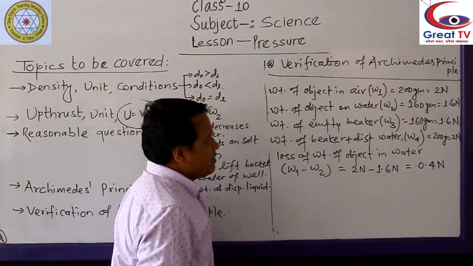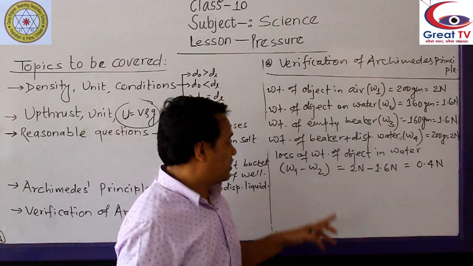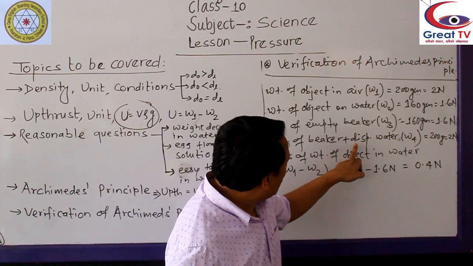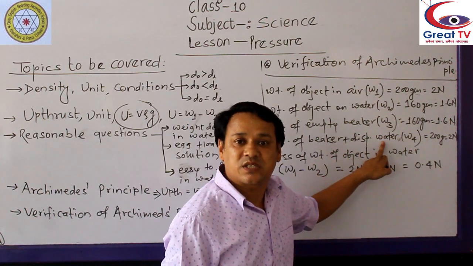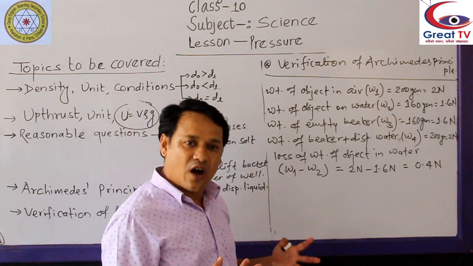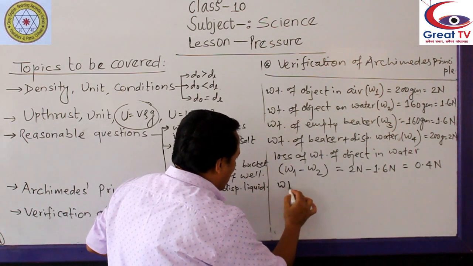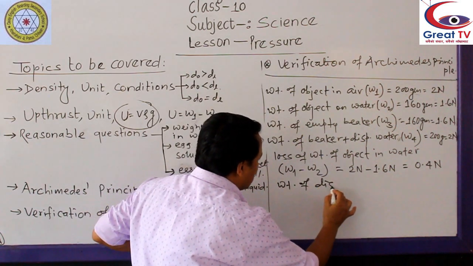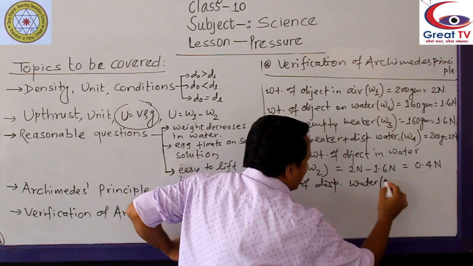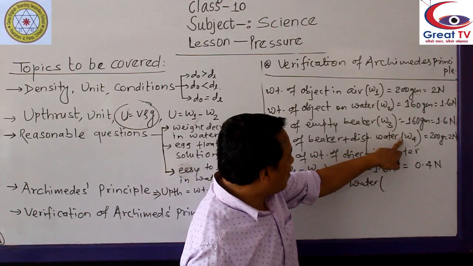Similarly, only displaced water. This is the weight of the empty beaker, and this is the weight of beaker and water. How much water is displaced by that object? The weight of displaced water you can calculate as W4 minus W3.